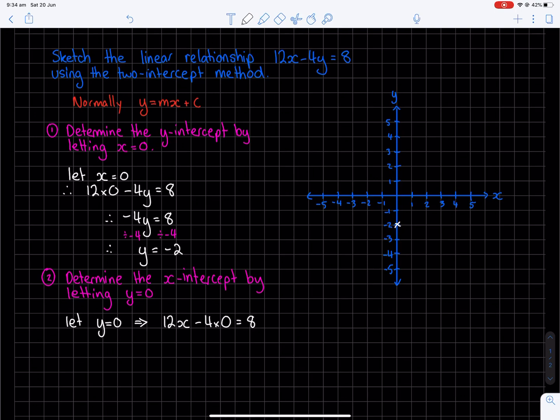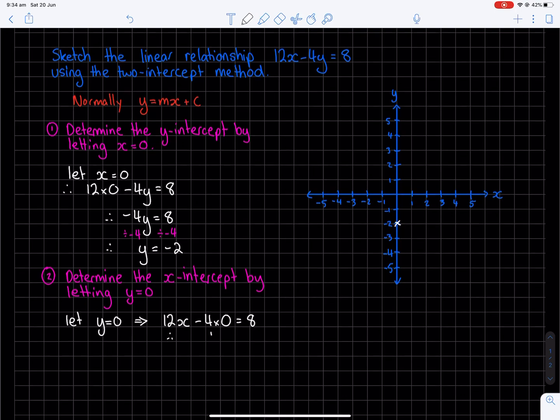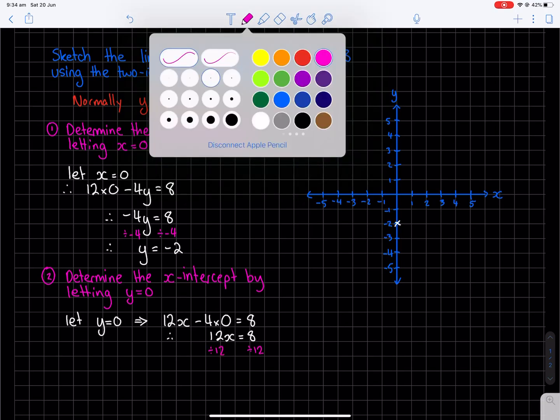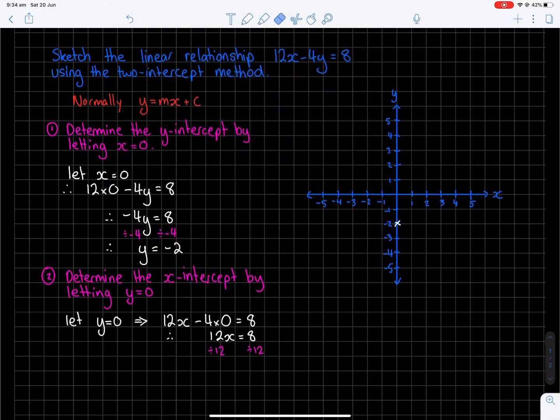On the left, therefore, 12x minus nothing is just 12x, and equals 8. Then divide by 12 on both sides in order to get x equals 8 on 12, which simplifies down to x equals 2 on 3. So the x-intercept is 2/3, which is almost on the way to 1, so it's about there.